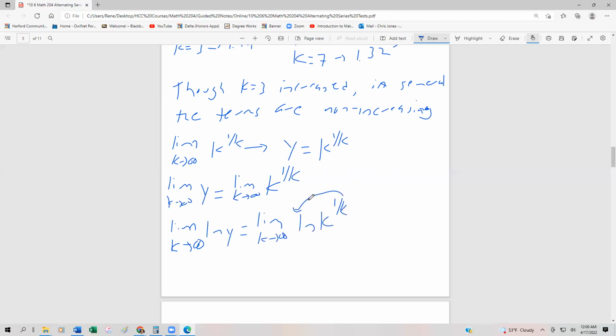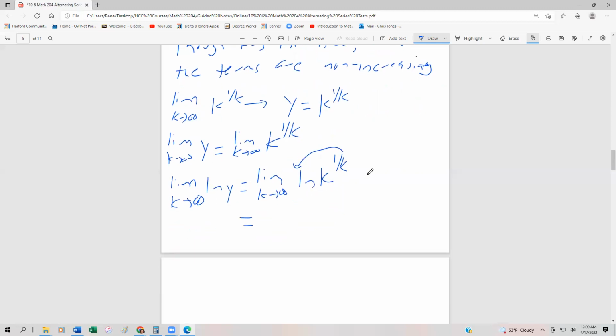And we know the trick is that we can move the 1 over k in front. All right, so I'm just going to hold on to this. Let's box that, and we're going to star it. So we're going to bring that back down. This now becomes the limit as k approaches infinity of ln k over k.